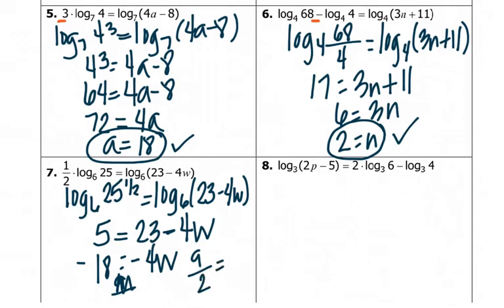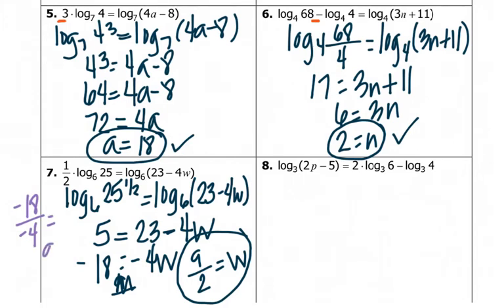So in upper level math, for the most part, we want to keep our answers a simplified improper fraction. So when you divided by negative 4, it became negative 18 over negative 4, which will simplify to positive 9 over 2. That's as much as you can simplify, so that's going to be your answer.